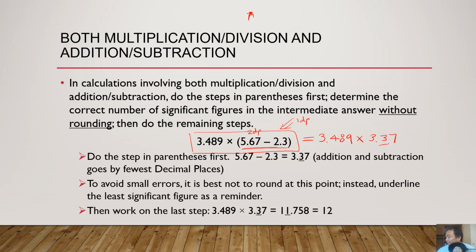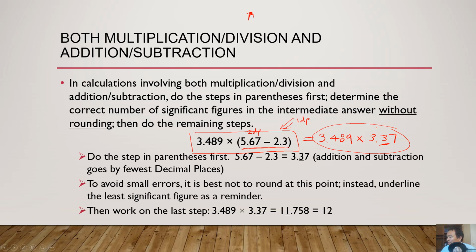Rather, we're going to underline this so we know that 3 is the last significant number you should record. I know subtraction goes by decimal place, but 3 is the last digit, or the last significant figure, that you're going to keep.